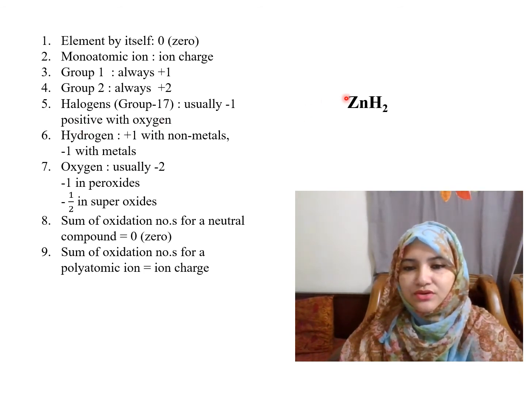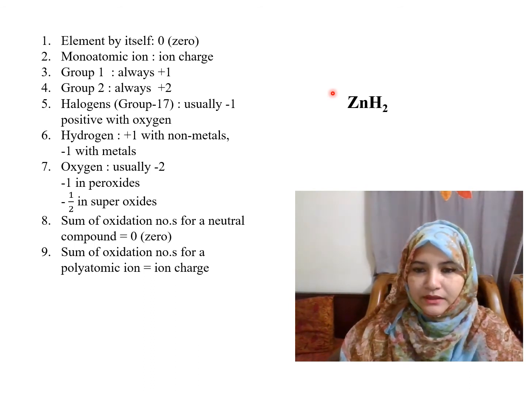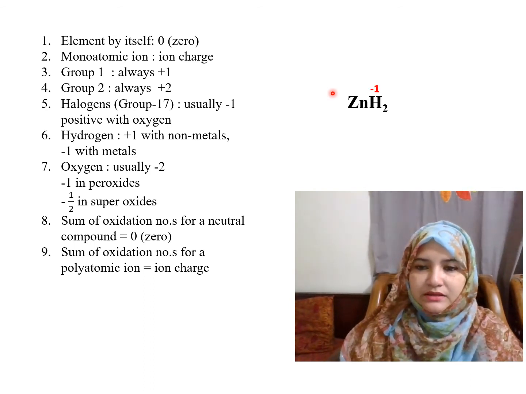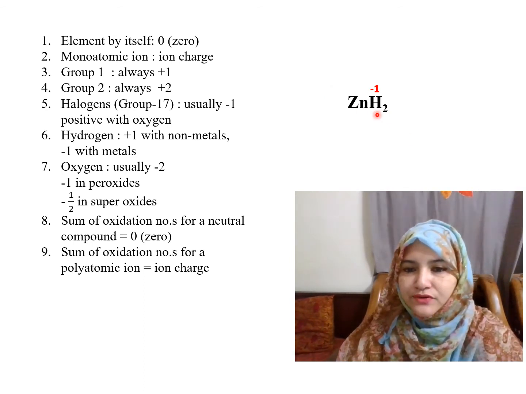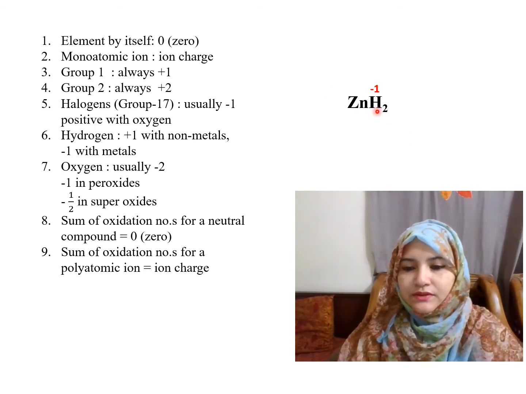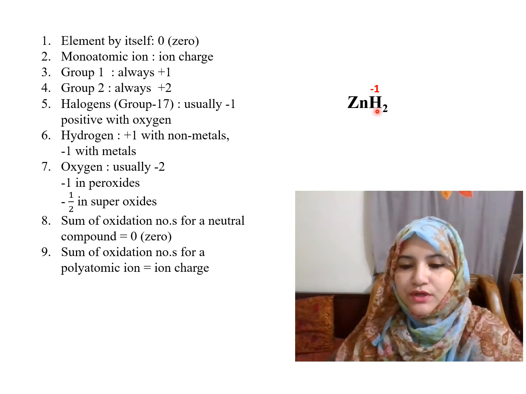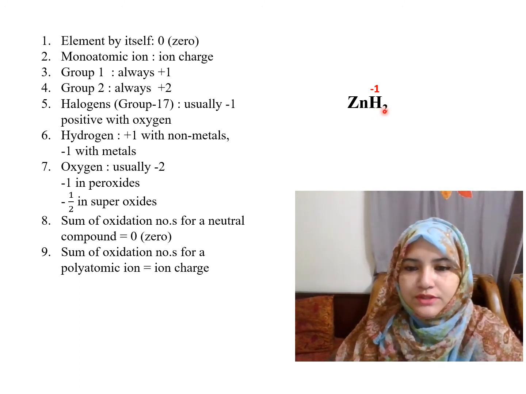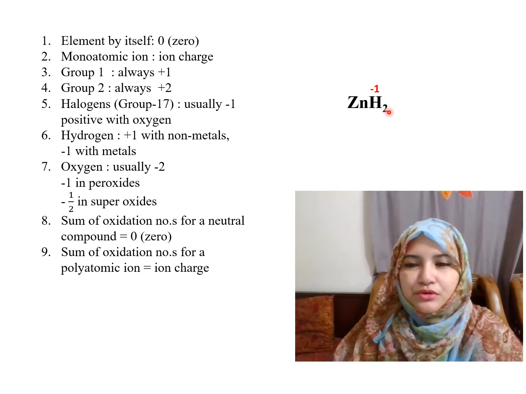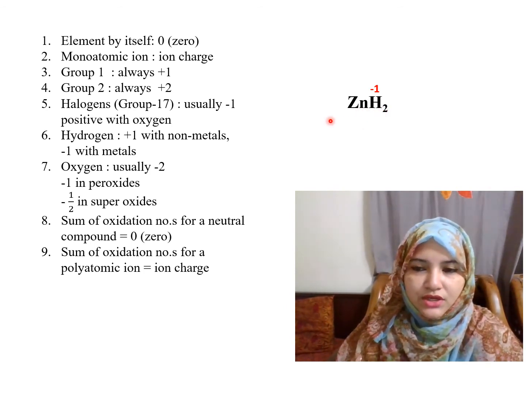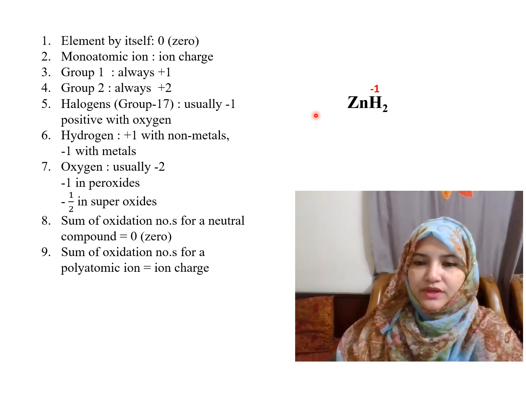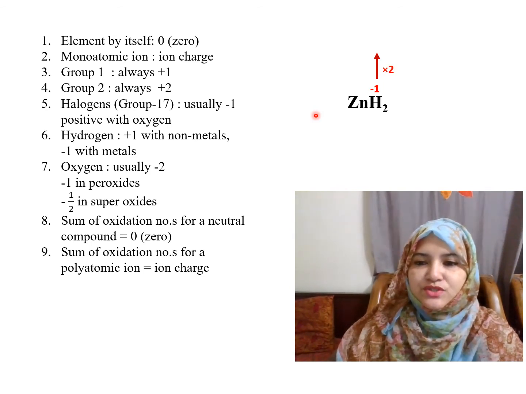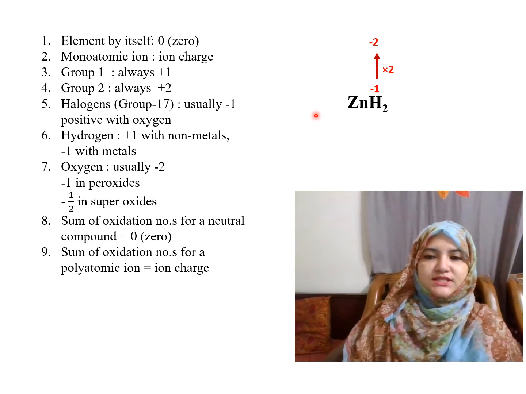We put this -1, and here we have 2 hydrogen atoms in zinc hydride, so we have to multiply this -1 times 2, and we get -2 oxidation state.